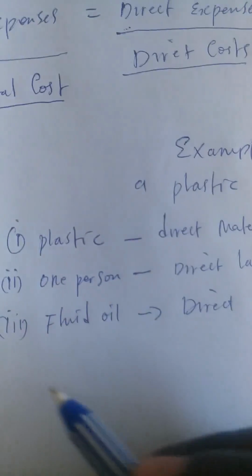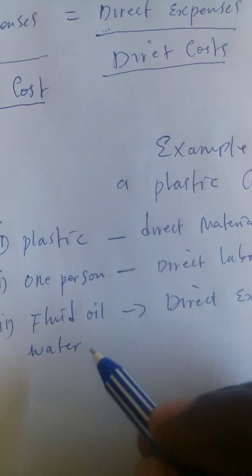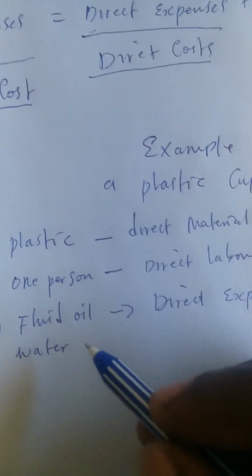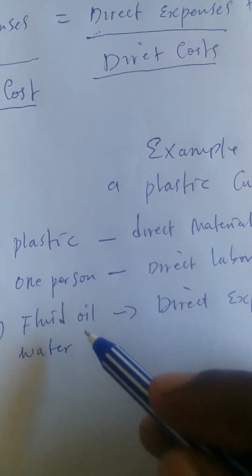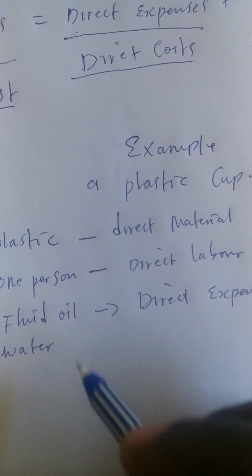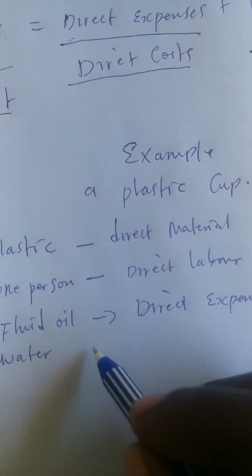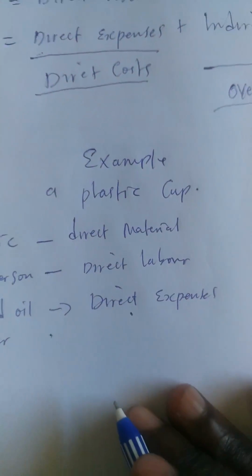You may also need water when manufacturing the cup, maybe water for cooling the melted plastic, because you need to melt your plastic and then shape it in whatever shape. All these fall under direct expenses.